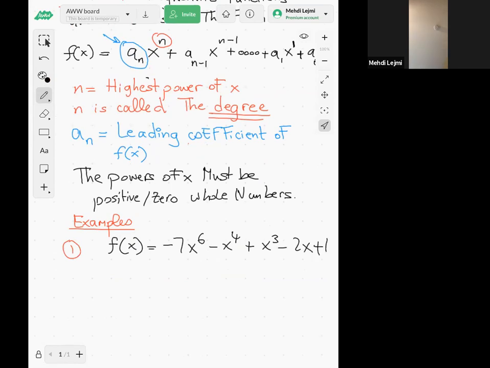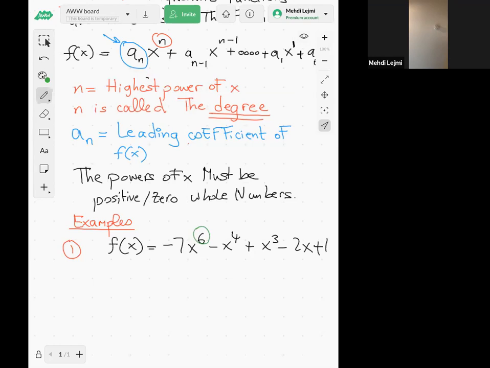This f of x is a polynomial because, as you can see, it's just a combination of powers of x, and all the powers of x are positive whole numbers. So what's the degree of this polynomial? Well, it's the highest power of x, which is of course 6.